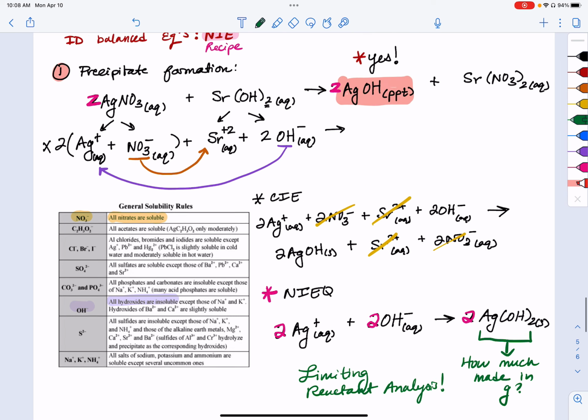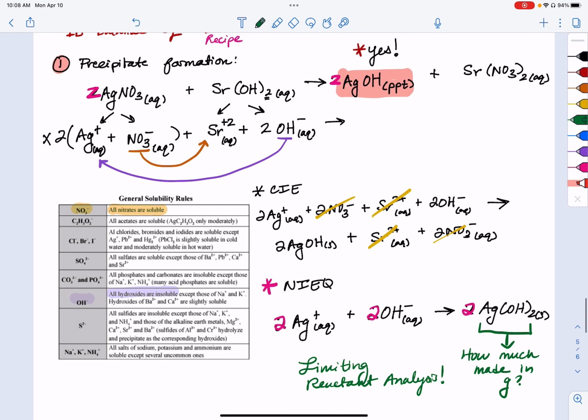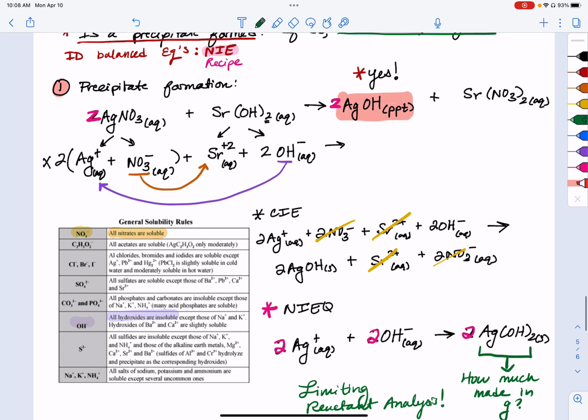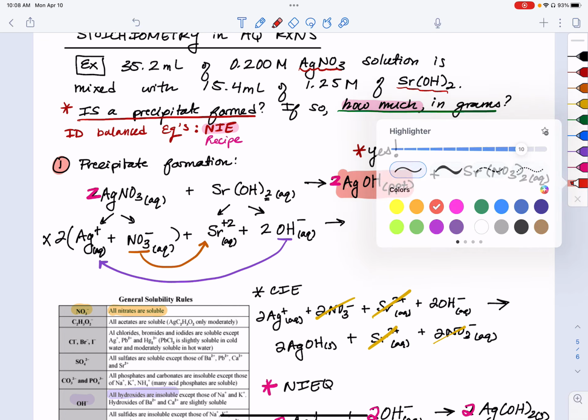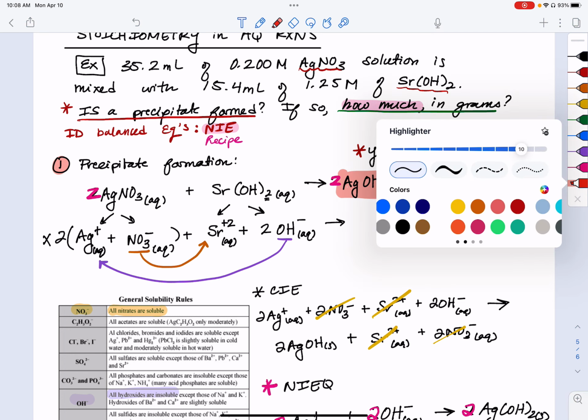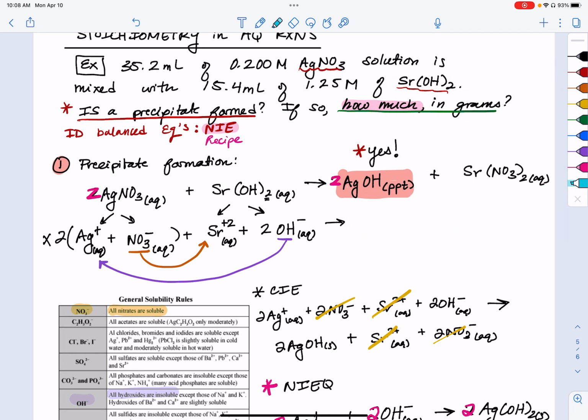Because remember, we didn't just mix together exactly 2 moles of silver and 2 moles of hydroxide. That's just the ratio that this reaction needs in order for the reaction to proceed. We have information about what we actually mixed together. We know our pantry because our pantry was given to us in the form of lab quantities.